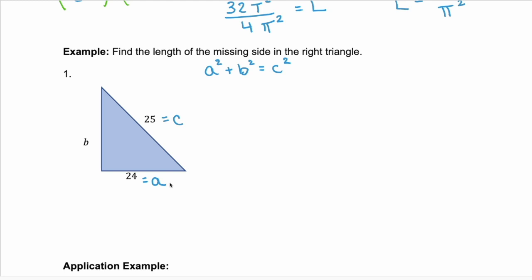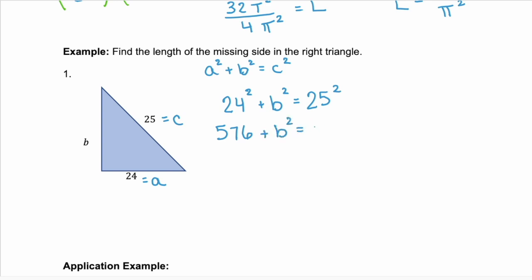Now we just plug in the values that we know. So a squared would be 24 squared. B squared is our unknown, so it stays as b squared. And c squared would be 25 squared. Well, 24 squared is 576. We don't know b squared.